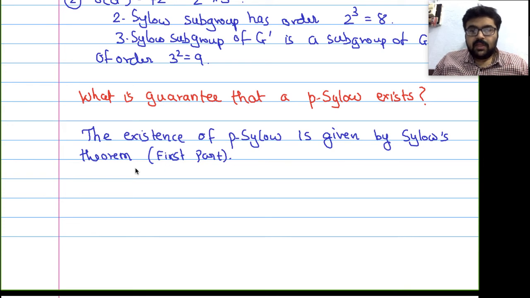Actually this is called the main Sylow theorem, or the first Sylow theorem, or just Sylow's theorem. So there are three parts of Sylow theorem. The first one is also called just Sylow's theorem.